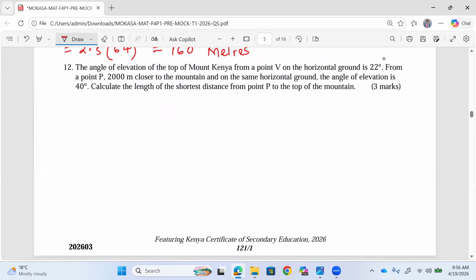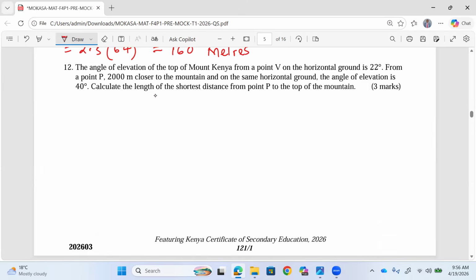Now, the angle of elevation of the top of Mount Kenya from a point V on the horizontal ground is 22 degrees. Now, from a point P, 2,000 meters closer to the mountain and on the same horizontal ground, the angle of elevation is 40 degrees.